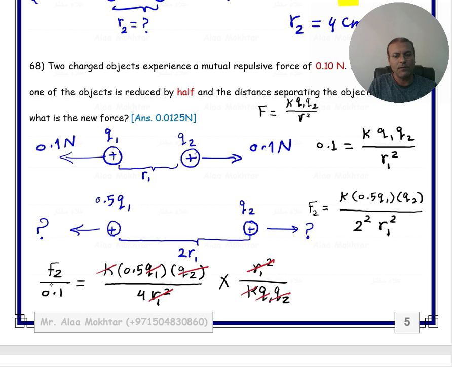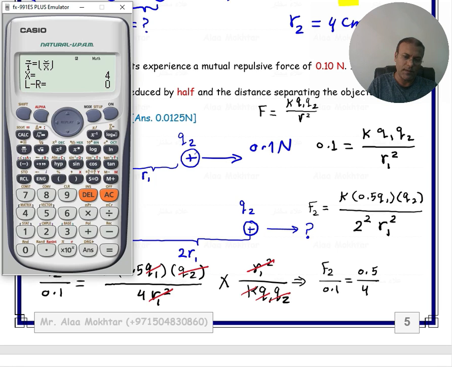The final answer: F2 over 0.1 equals 0.5 over 4. With one unknown, the easiest way to find the answer is shift solve. The fraction with unknown x over 0.1 equals another fraction, 0.5 over 4.